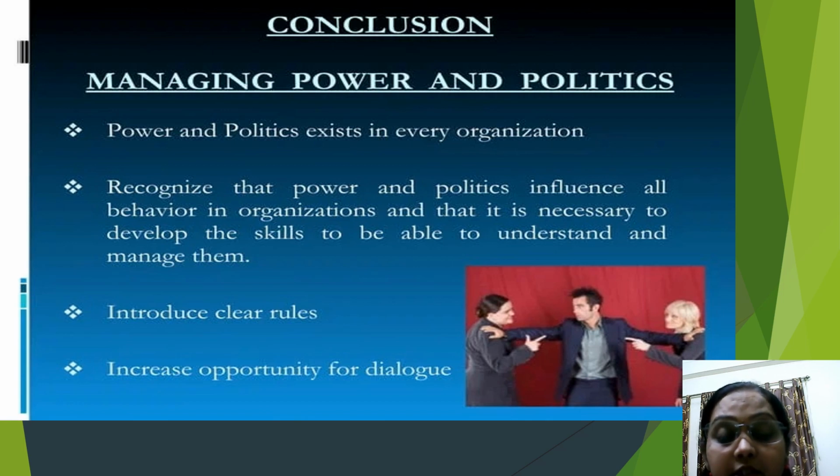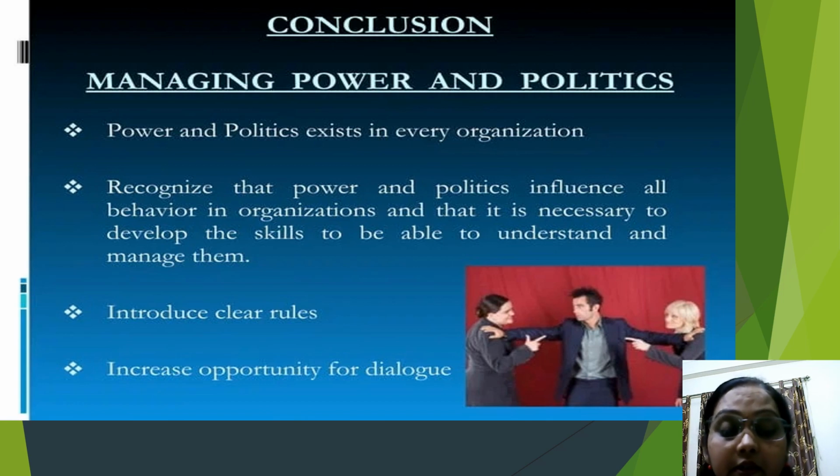Introduce clear rules. The first thing is that the rules and regulations, the protocols of any organization, must be clearly understood by each and every one working in that organization. So they can think that if someone is utilizing some kind of power authorized to that designation, it is not for personal interest, it is for the benefit of the organization.